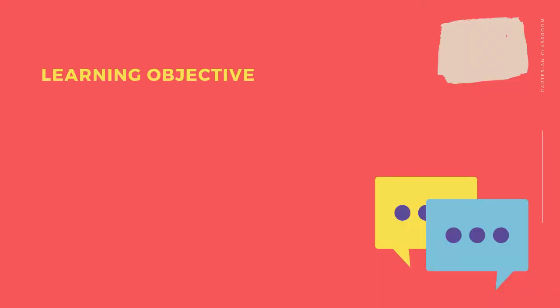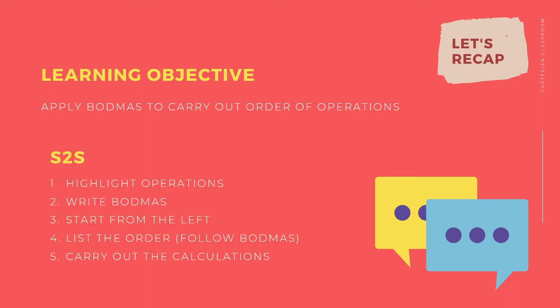Let's just quickly recap our learning objective and S2S for today. Today we are applying BODMAS to carry out order of operations. Our steps are, the first one is we need to highlight the operation. You can use your highlighter, I really don't mind. Step 2, write BODMAS. Always practice writing BODMAS for each of the questions you will do later on.